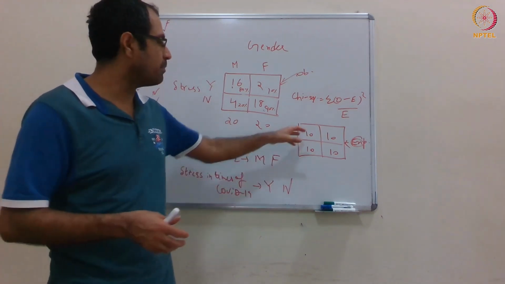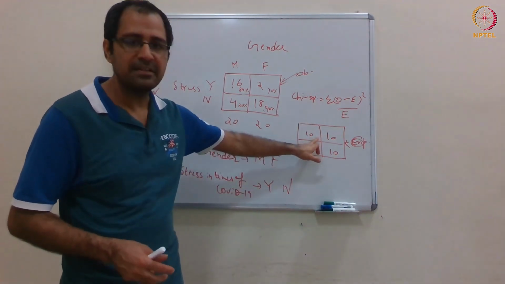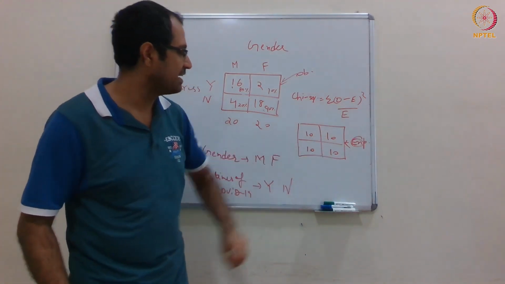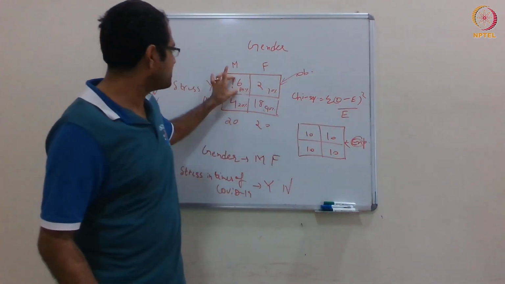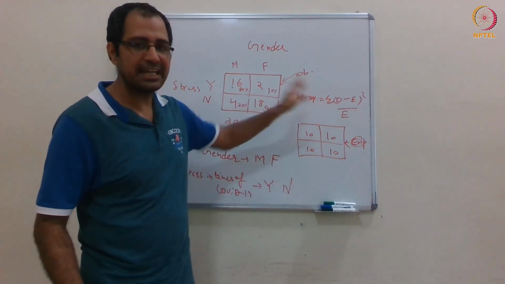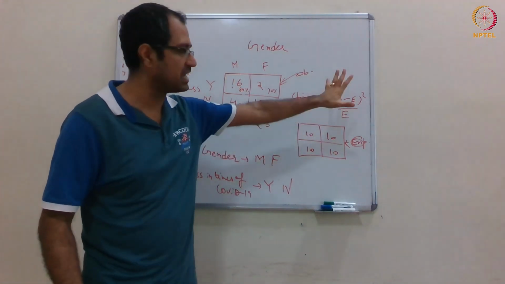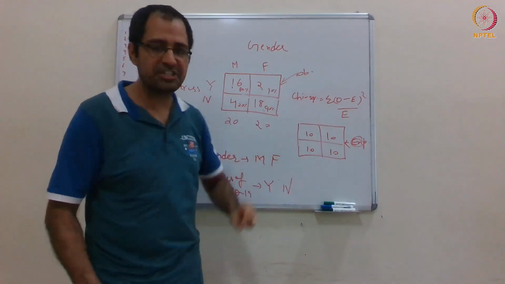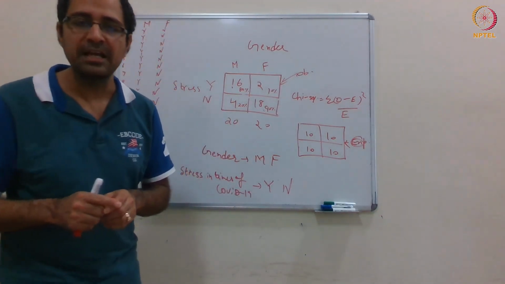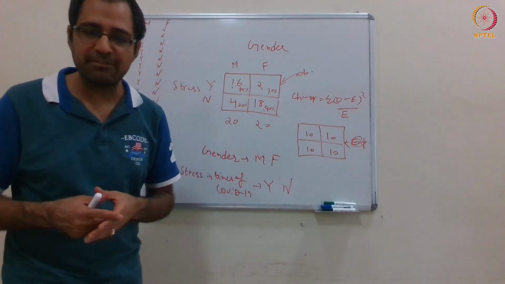What will be the number in these cells? When we assume that there is no difference, the number will be 10, 10, 10, 10. So for this cell, observed is 16, expected is 10. You calculate that and do it for all 4 cells and add them up. That will be the chi-square number. And whatever chi-square number you get, you have to check against the chi-square table at the 95% level of significance.